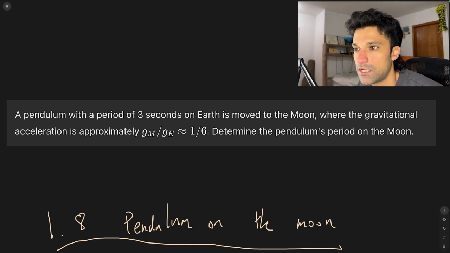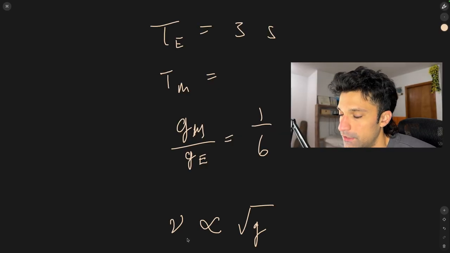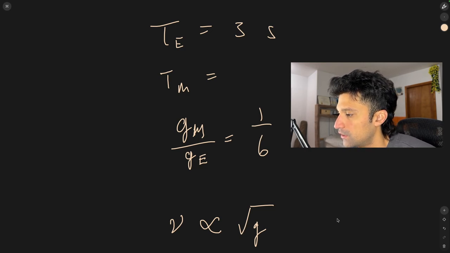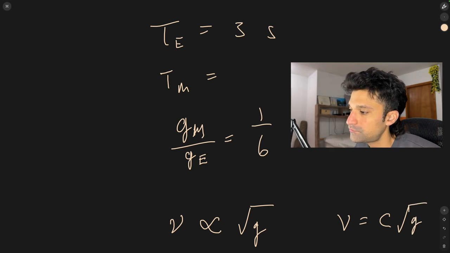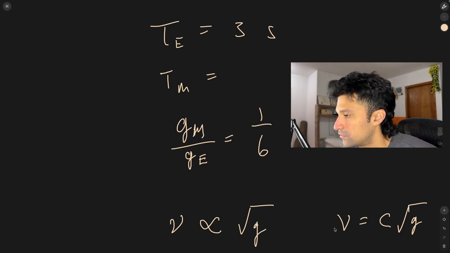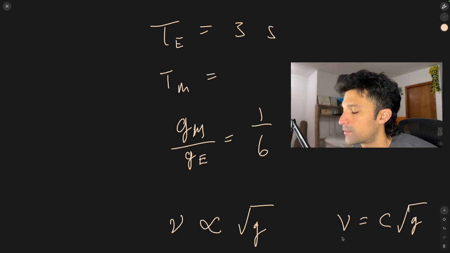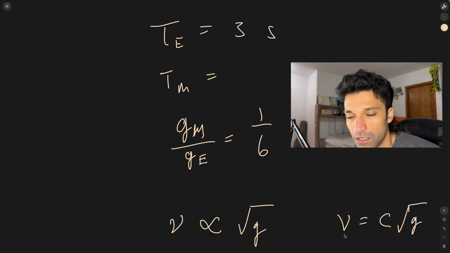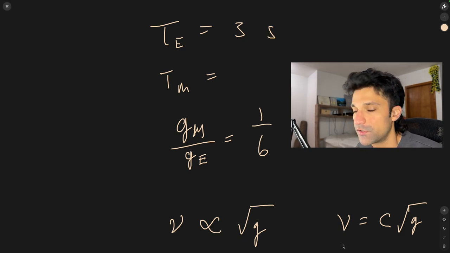Cool, so now I'll provide a hint. If you recall from the example that we did, we found that the frequency of a pendulum was proportional to the square root of g. In other words, the frequency is equal to some constant times the square root of g. So if you apply some dimensional analysis on the frequency, we could deduce the proportionality between g and the period, since the period has dimensions of time, the reciprocal of the dimensions of frequency.